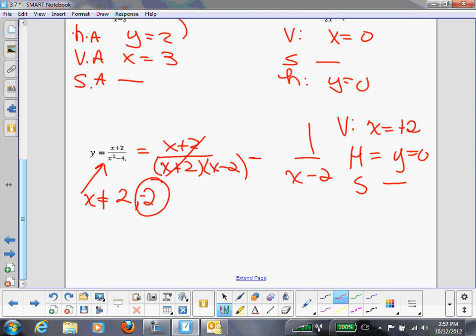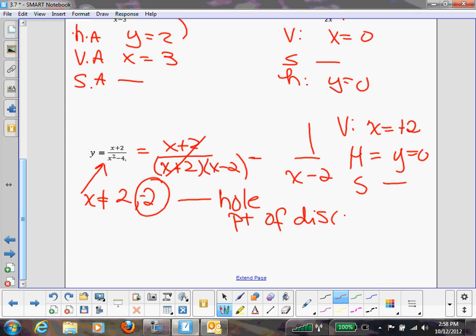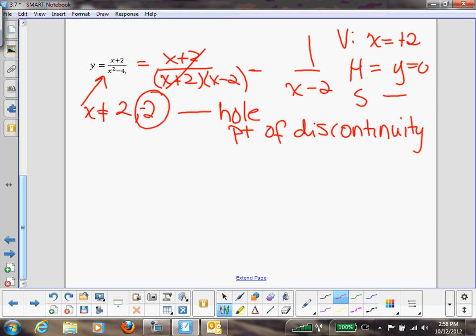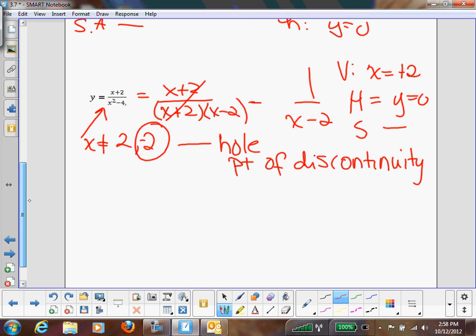And what happens then, since it cancels out, is that we get something called a hole, or a point of discontinuity. You have a what? A hole.